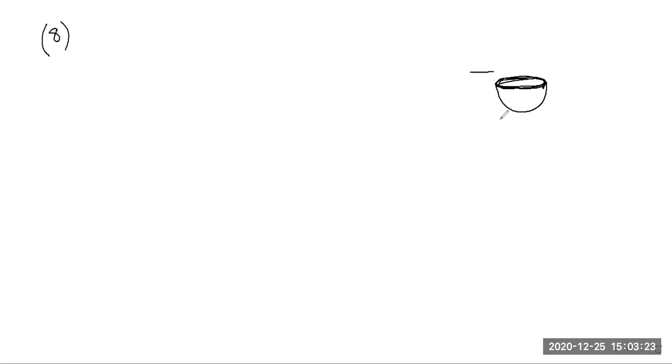Okay, guys. So he says the diameter is 7. We are not concerned with diameter, we are concerned with radius. Radius is 7 by 2 centimeter. Now, normally when we talk about a bowl, it can be like this, but the bowl can be like a cylinder also.